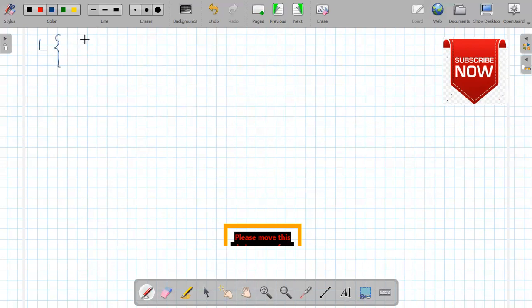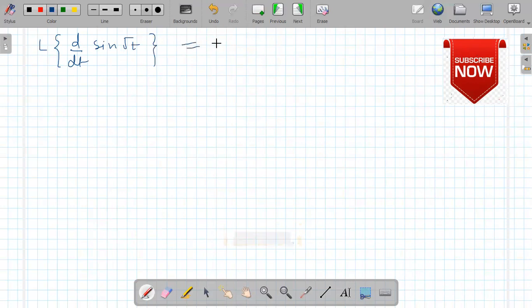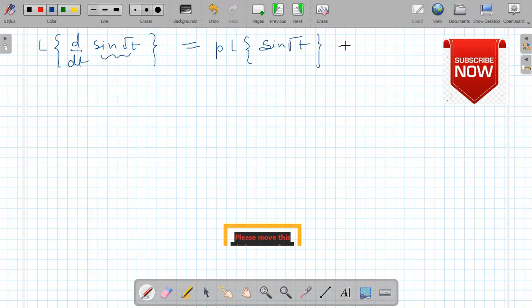Laplace of derivative of a function, that is d over dt of sine square root of t, is defined as p into Laplace of ft, ft is this, minus f0 is 0. So its derivative is cos square root of t, and then square root of t को differentiate करेंगे, then it is 2 square root of t.